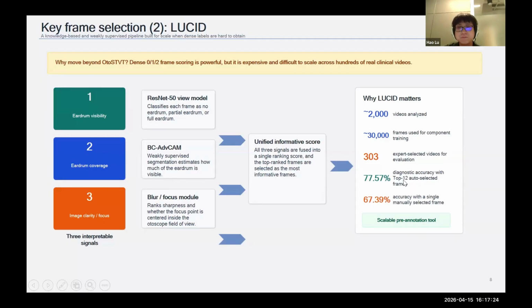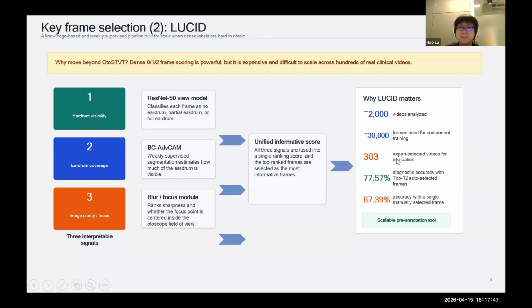And by using this model, if we select the top 12 frames to do the automatic diagnosis using a simple CNN model, the performance becomes 77.5% accuracy, compared to only selecting the best frame from the expert.